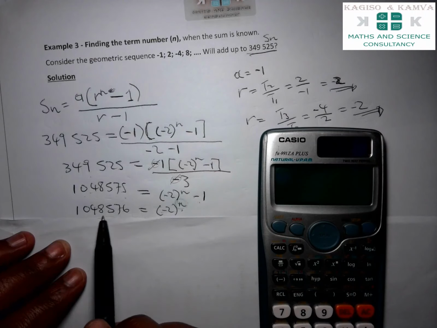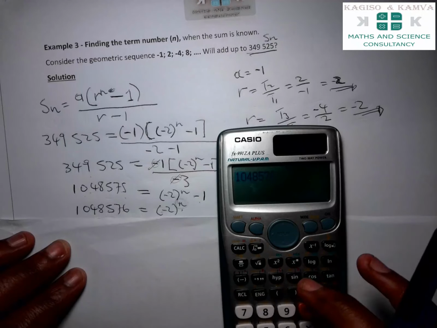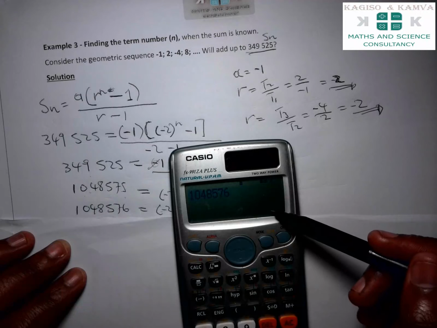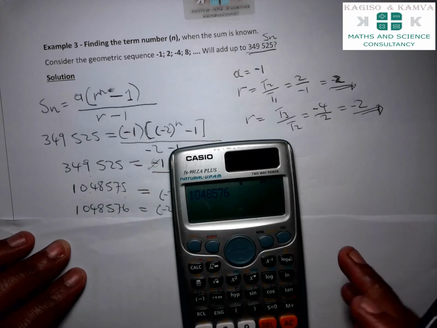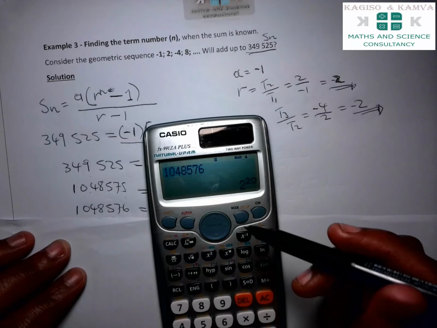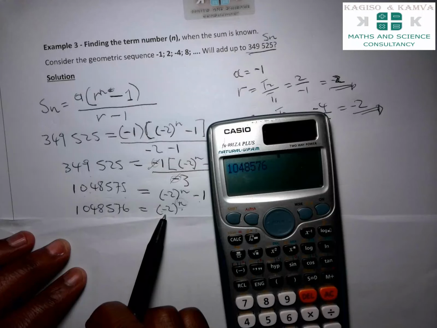We can find the prime factor of this. We can say 1,048,576 is equal to 2 to the exponent 20. But how are we going to use this 2 to our advantage, so that we don't have that -2?